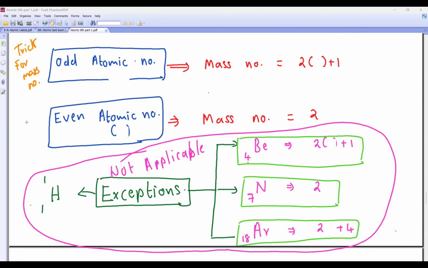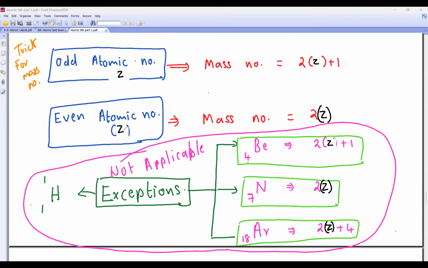What is the symbol for atomic number? Z. So here it will be 2Z. Now is this clear? Copy this.